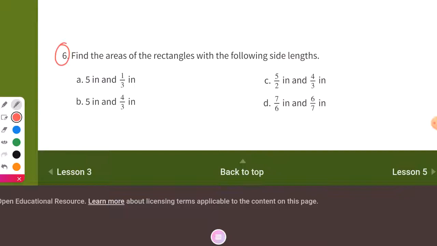Now you guys have a whole bunch of white space at the bottom. Draw a line down the center. Draw a line across to create 4 boxes. They don't have to be huge. You can use the whole bottom. Label them A, B, C, and D. Number 6 says find the areas of the rectangles with the following side lengths. How do you find the area of a rectangle? Length times width. Do we know how to multiply fractions?